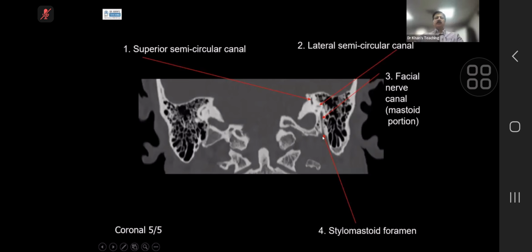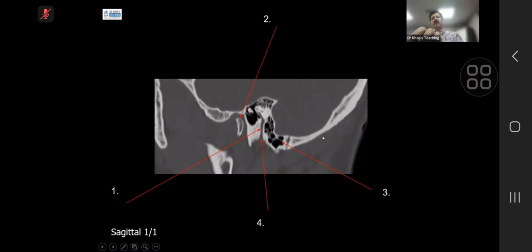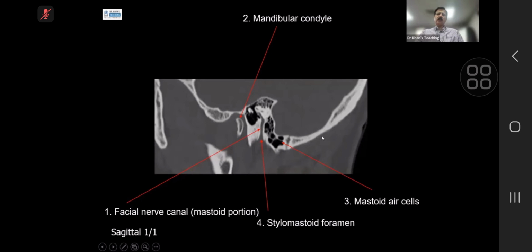So these are excellent. A sagittal sequence. So what is number one? Good. And what is number four? Number four, please. Excellent. So that is the stylomastoid foramen and facial nerve.